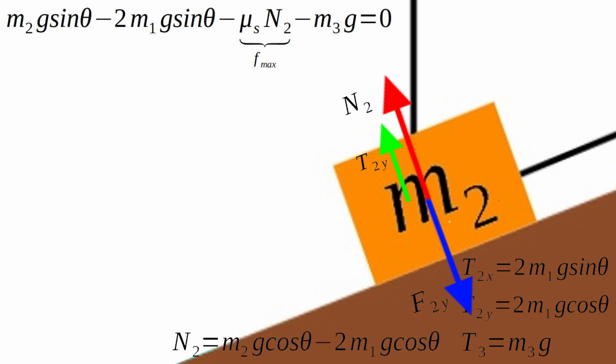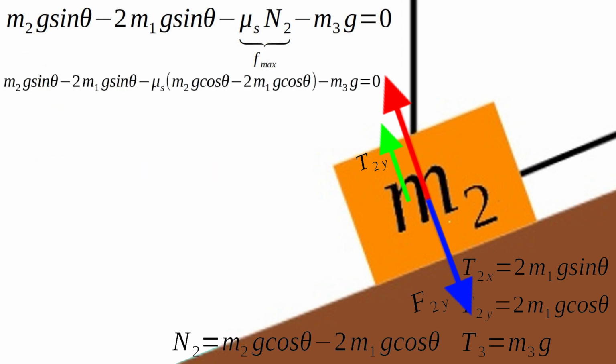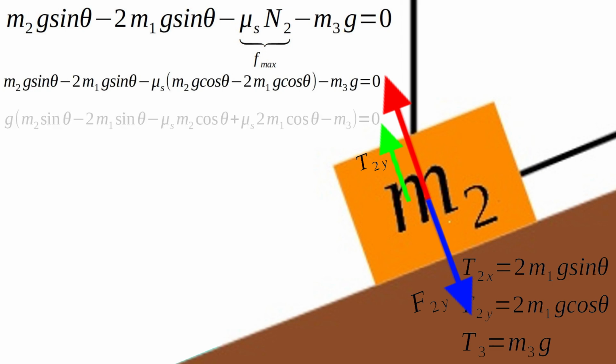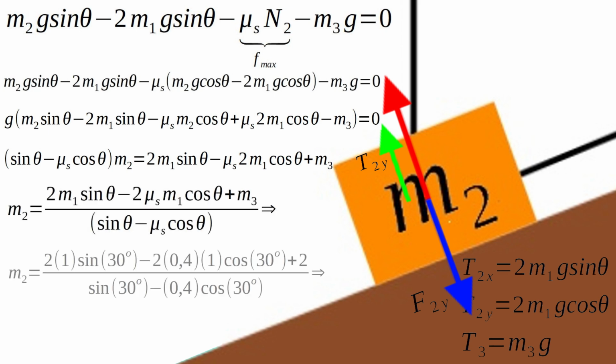So we plug that into the first equation and we get m2 times g times sine of theta minus 2 times m1 times g times sine of theta minus mu s times (m2 times g times cosine of theta minus 2 times m1 times g times cosine of theta) minus m3 times g all equals 0. And we do the calculations. We plug in the initial conditions in the final equation and we end up with m2 equals roughly 14.4 kilograms. And that's your answer.